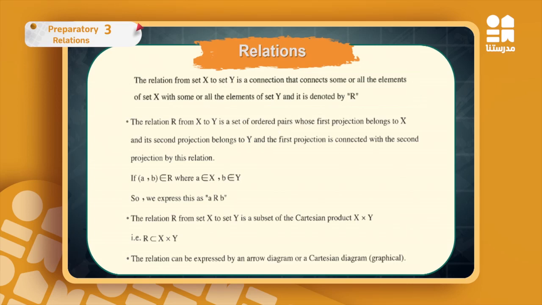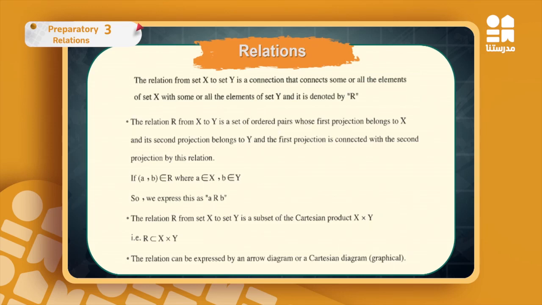And now the relation R from the set x to the set y is a subset of the Cartesian product x and y. دي أهم ملحوظة في الريليشن. الريليشن بتكون subset of the Cartesian product of x and y. يعني أقدر أكتبها بالشكل ده R subset x Cartesian product y. وزي ما قلنا إن ال x Cartesian product y can be represented by arrow diagram and Cartesian diagram.